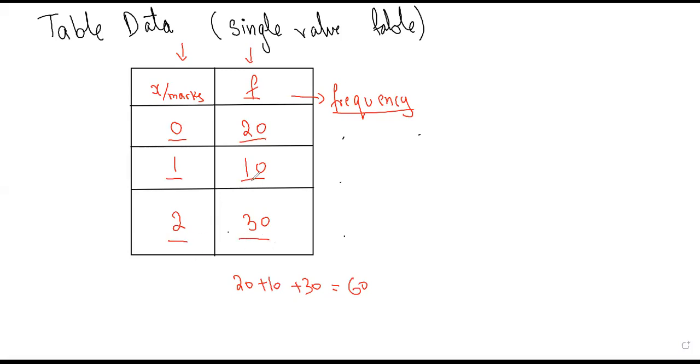Now this data is much more organized and it is represented using a table. This is why I'm calling it the table data. You can find all those four things we have done for the raw data for this as well. So let's see how to do that here in this case.